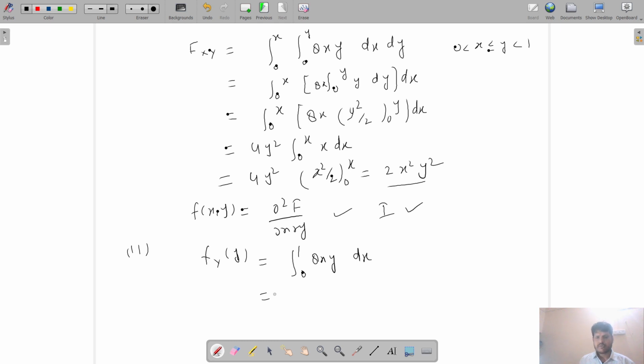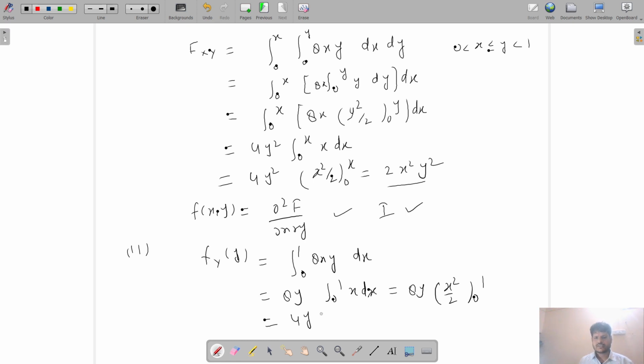So together we get 4y, integration 0 to 1 of x dx. So we have 4y times x square by 2, limit 0 to 1. So we have here how much?